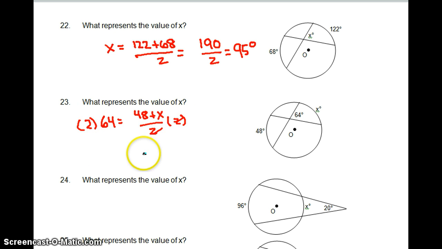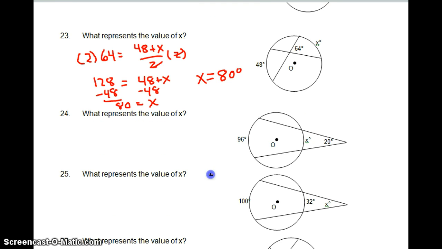These will cancel out, and we get 48 plus x equals 128. I'm going to subtract 48 from both sides. It gives us 80 equals x. Put it up here so we can see it. x equals 80 degrees.